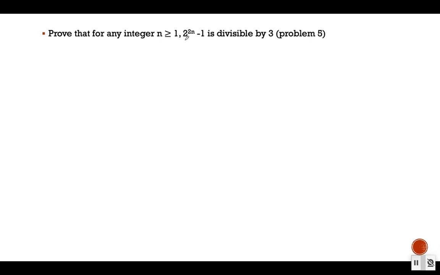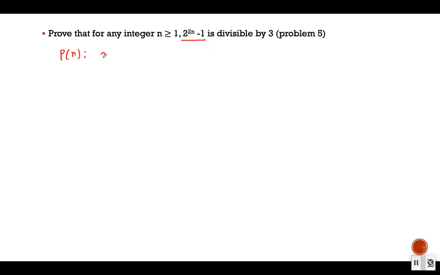Now here we are going to show something like 2 to the power 2n minus 1 is divisible by 3 for any n greater than or equal to 1. As we said, our propositional function, our basis step and inductive step have to be very clear. So here our propositional function P(n) is like that.